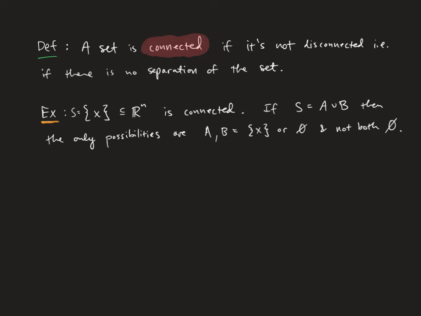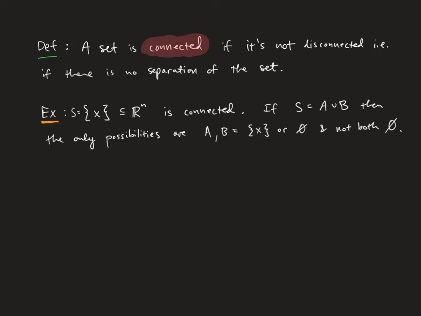But the problem with that, of course, is that to be a separation, neither of them can be the empty set. But then if neither of them are the empty set, the only option is that they're both this set containing the single point X in it. But then they're the same set, so they're not disjoint.